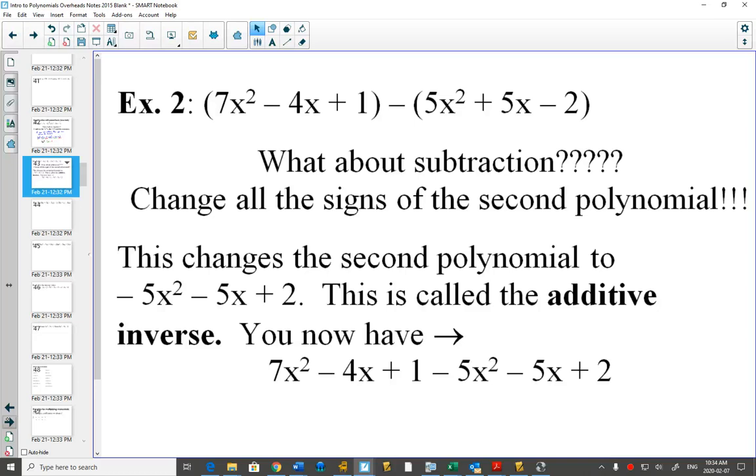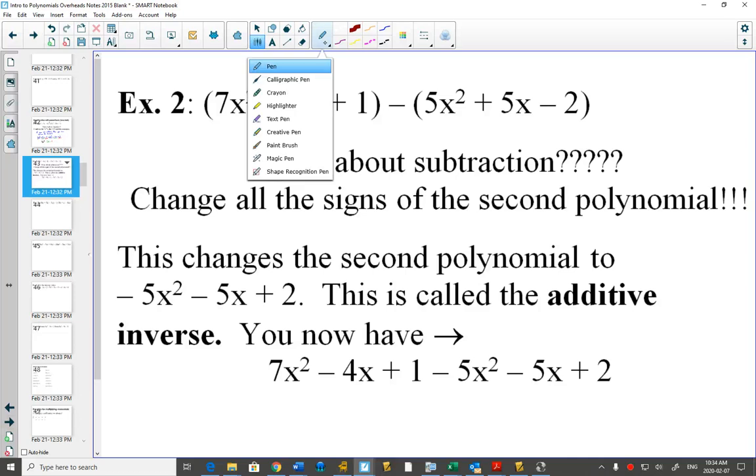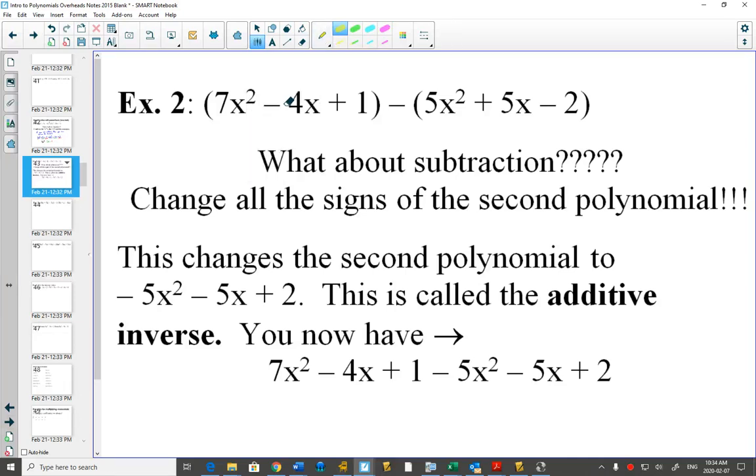But if you're subtracting, then the brackets become important, because what happens is you're subtracting everything in the brackets. If you like to highlight things in your notes, this would be something useful to highlight.